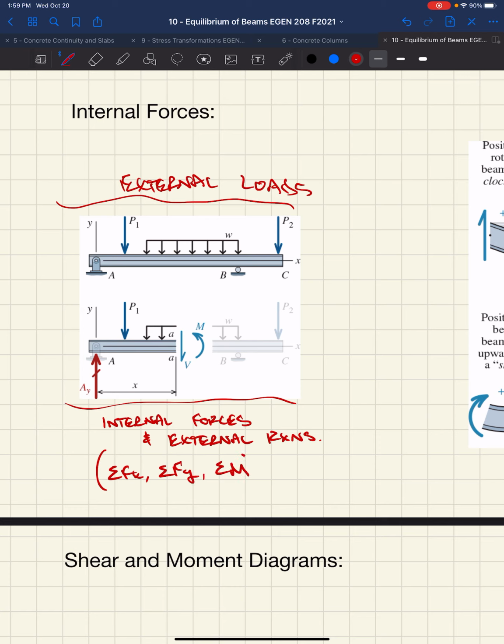These all come back to our equilibrium equation, right? In free body diagrams, right? We cut this beam. We have some external forces, we have some unknown reactions, okay? We have some internal forces. We can then use our equation of equilibrium to solve for some of our unknowns, right?